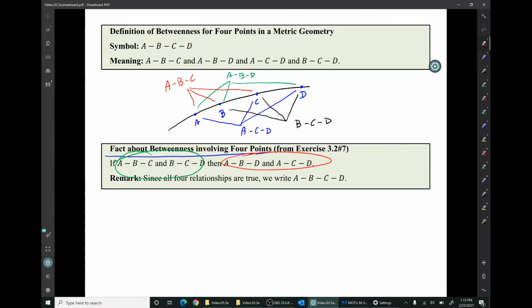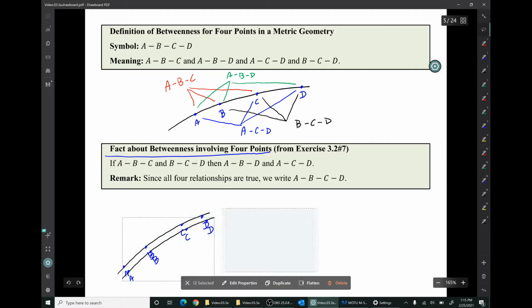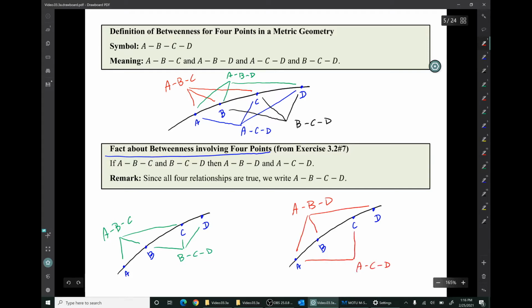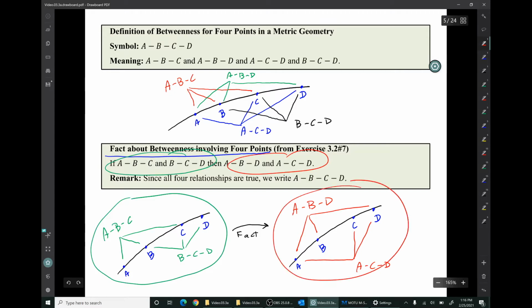We can illustrate this fact using a very similar diagram, but we'll use 2 of them, and that will improve the readability. So if we have these two betweenness relationships, then we have these two betweenness relationships.